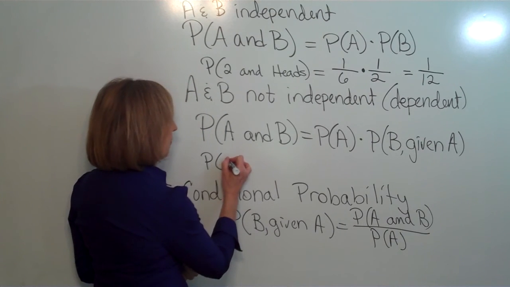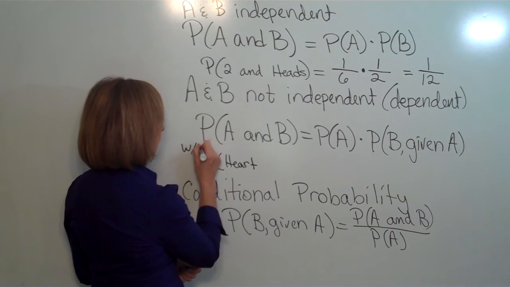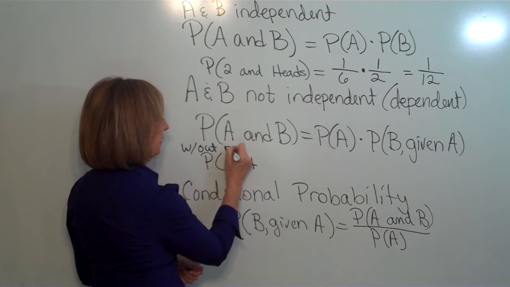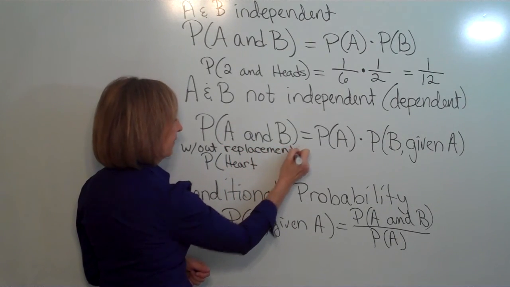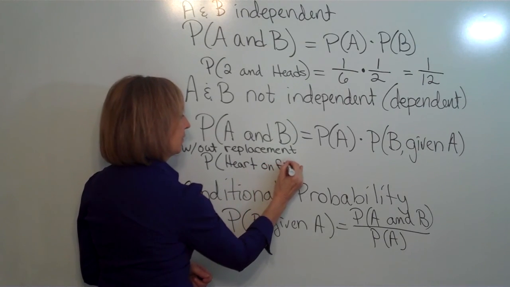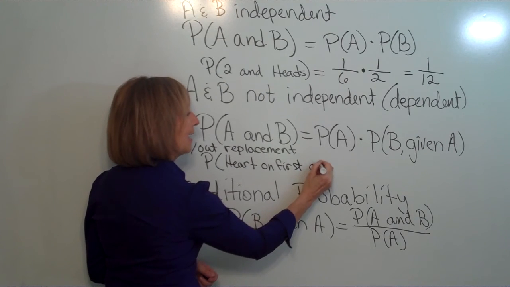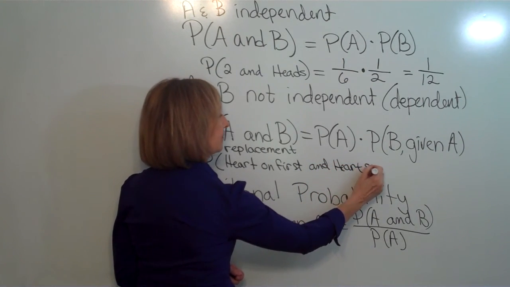So then what's the probability of a heart on the first draw, without replacement, and a heart on the second draw?